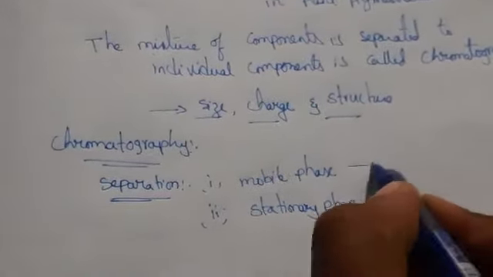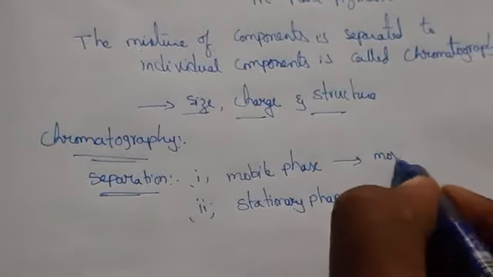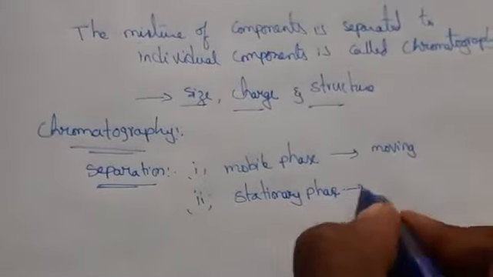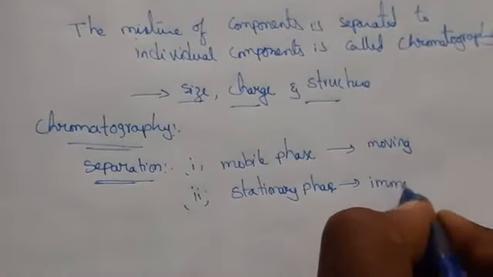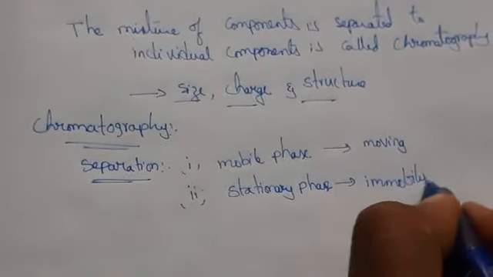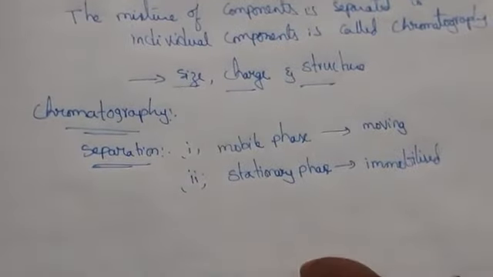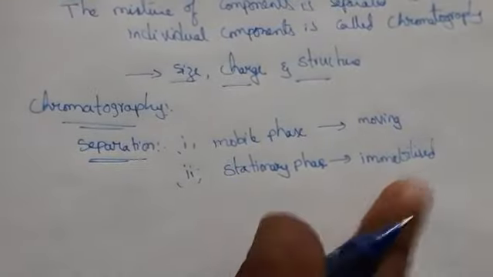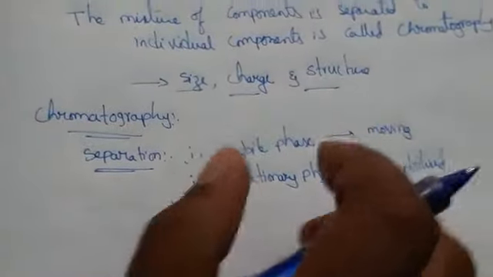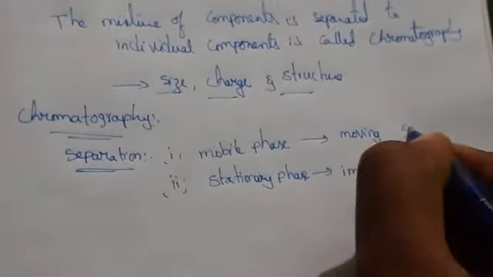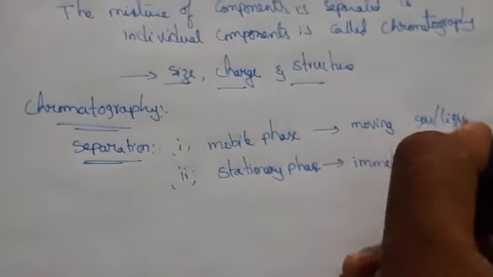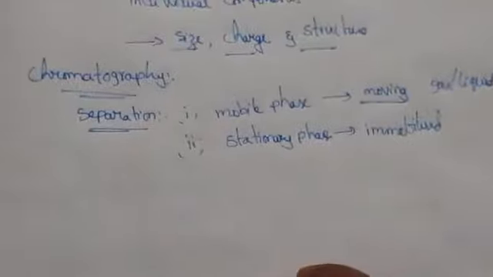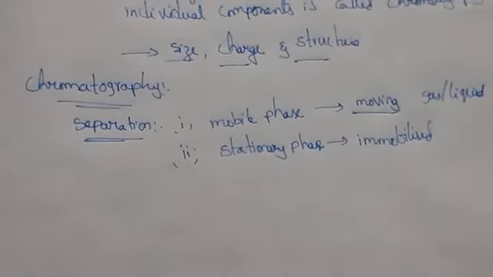Mobile phase is nothing but moving; the moving phase we call the mobile phase. Stationary phase is immobilized, not in a moving position. Whether it is gas or liquid, the mobile phase should be in the moving position, and the stationary phase is immobilized.